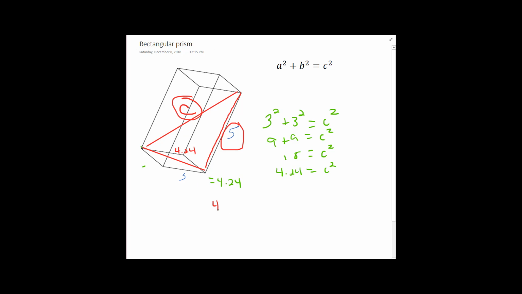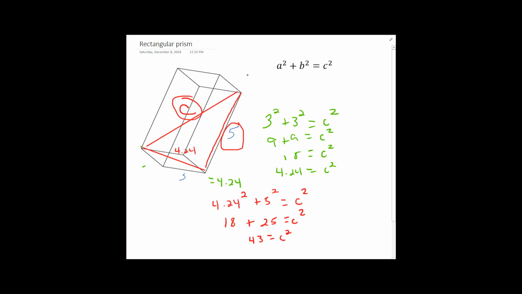So now we have 4.24 squared plus 5 squared equals c squared. We know 5 squared is 25, and 4.24 squared is again 18, as we did before. So 18 plus 25 is 43 equals c squared.